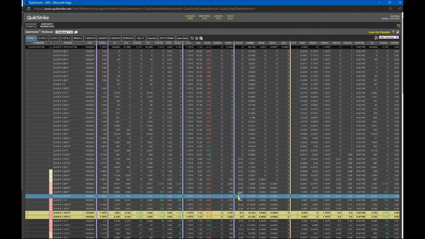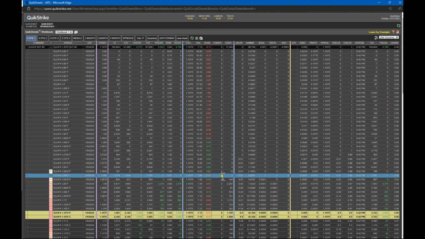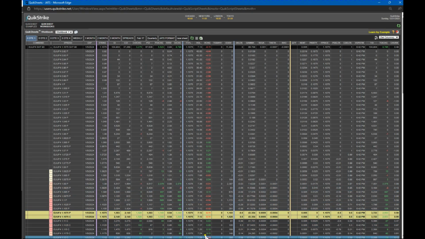Highly recommend it if you're trading futures and options on futures or forex. And then you can see where these volume puts and call volume come into play.